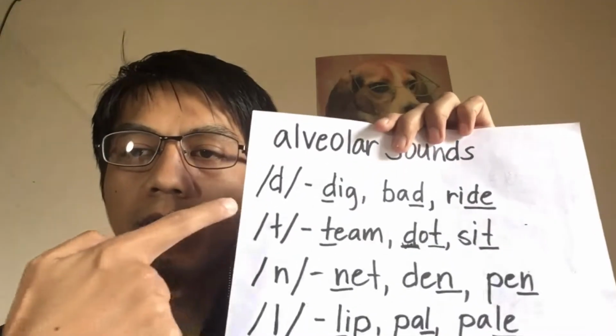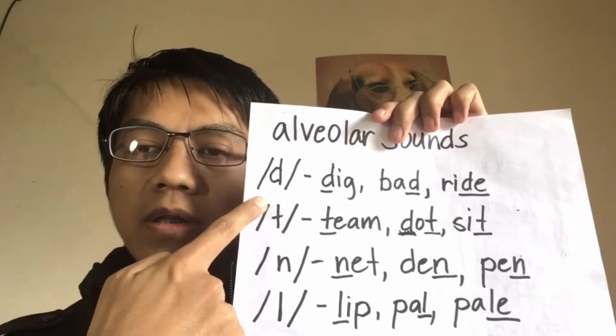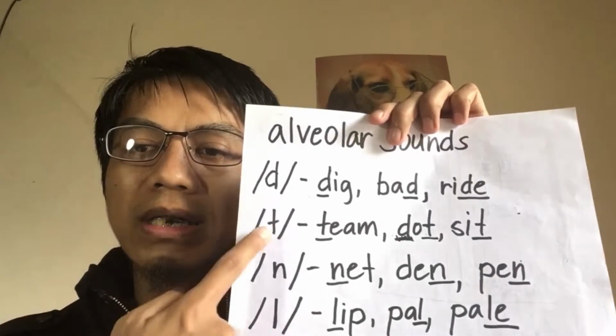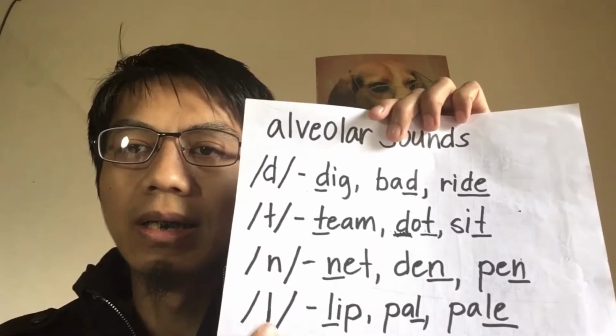So these are the examples of alveolar sounds: D, T, N, and L.